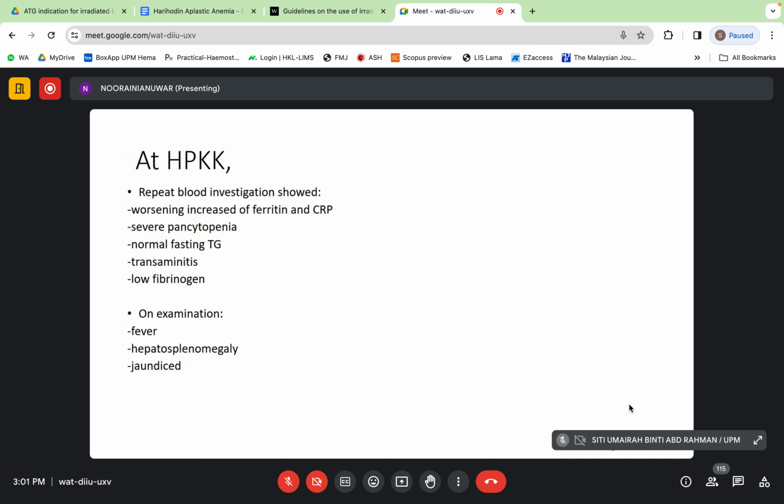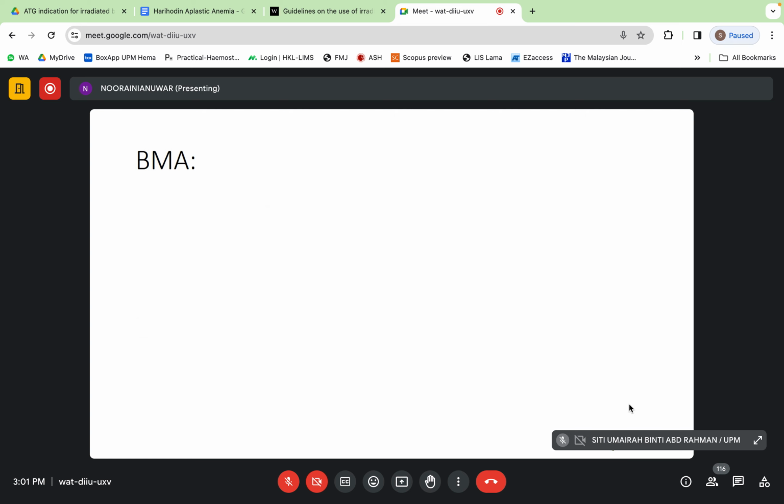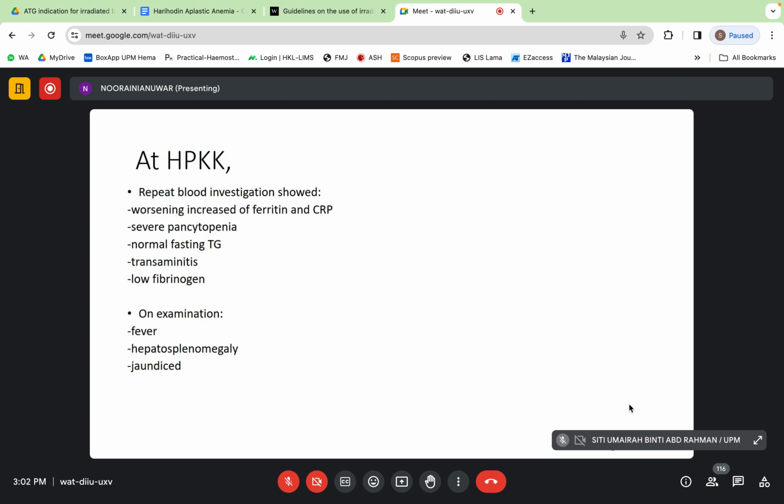At our center, repeated blood investigation showed worsening increase of ferritin and CRP with severe pancytopenia, normal fasting TG, transaminitis, and low fibrinogen. On examination, the patient had hepatosplenomegaly, no lymphadenopathy, jaundice, and on and off bouts of spiking temperature at the ward.